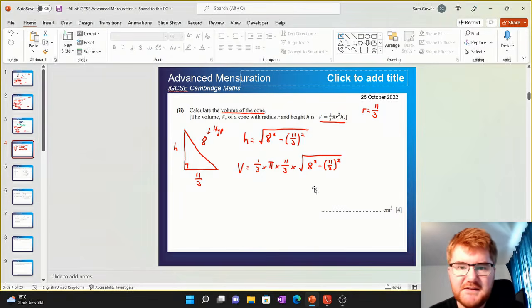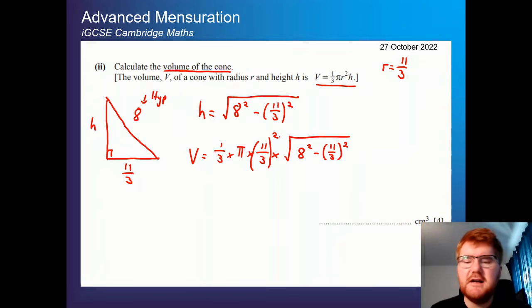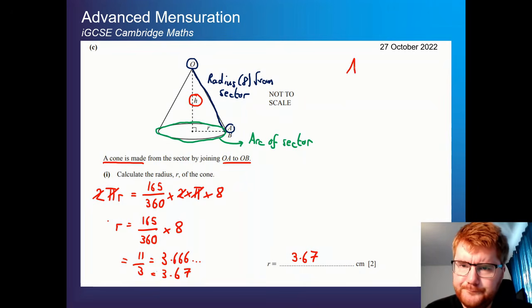Now, if this happens in the exam and you get the incorrect answer, then you have to go back and go, okay, what mistake did I make here? Well, I forgot to square the 11 over 3. So one thing to do here is actually check the estimating part of this. If you imagine you take the area of the base, which if we approximate this, if we know that's 3.67, again, area is pi r squared.